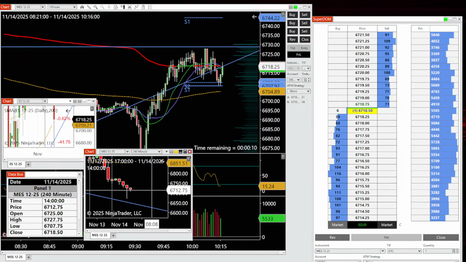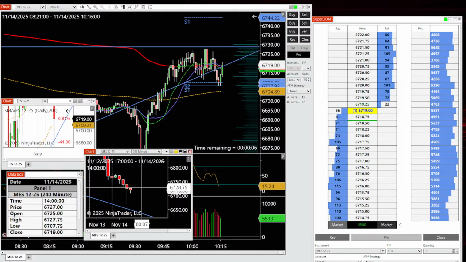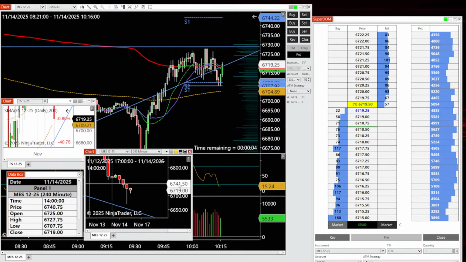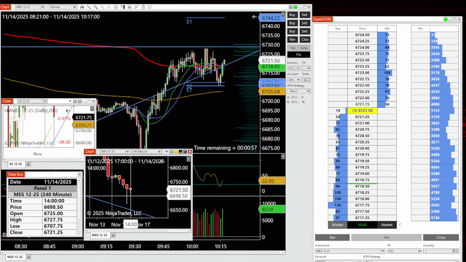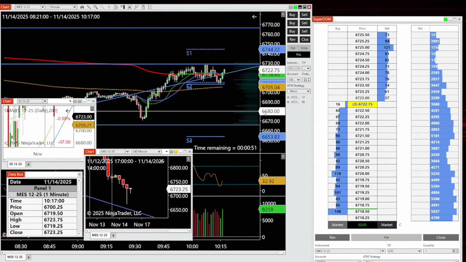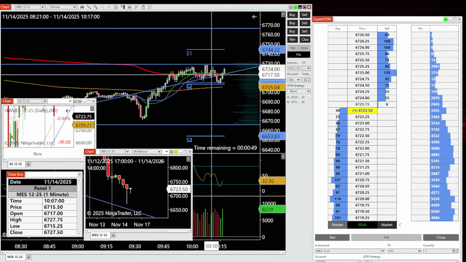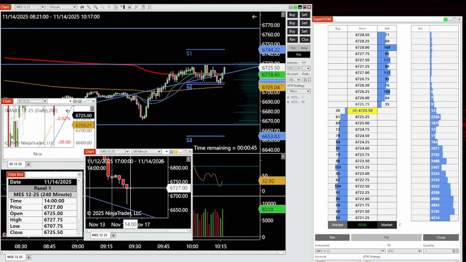So all that time I was watching a 15-minute chart down here. So the low of the 4-hour chart is 07, which it just did here. Bounced off the support, which is back into here. The high is 27.75.